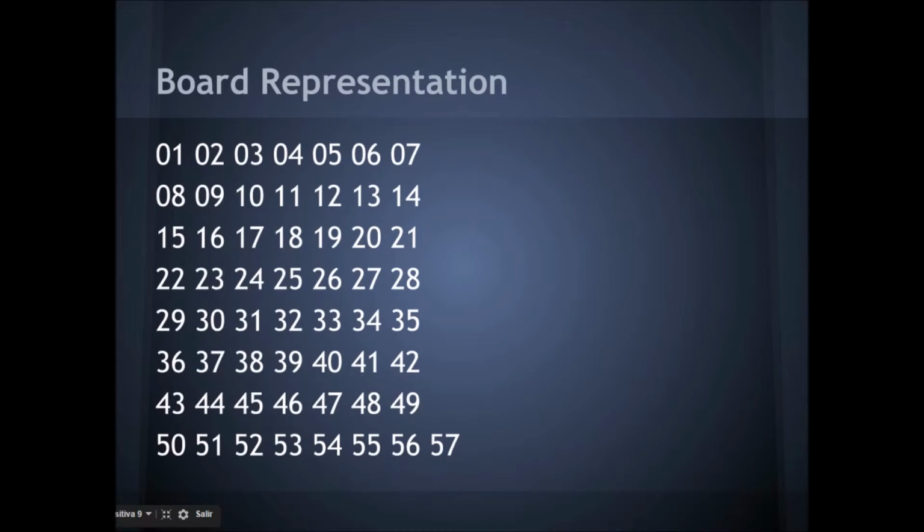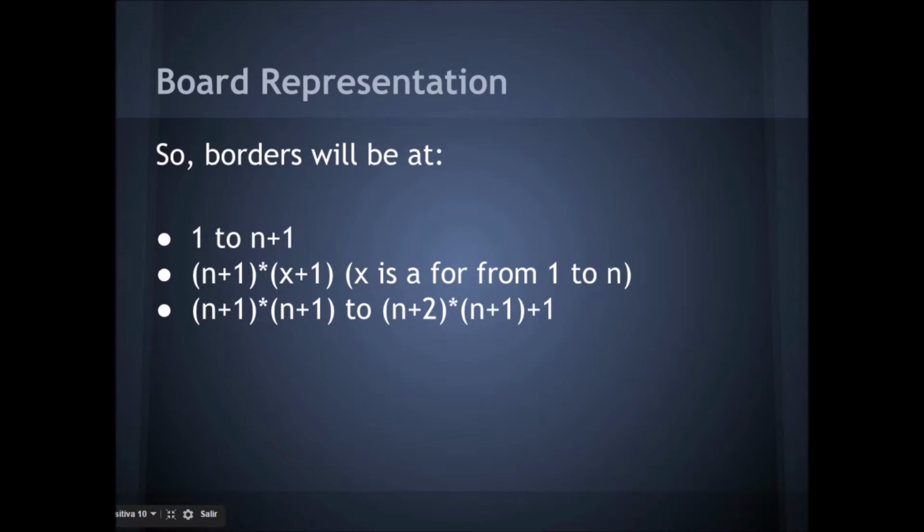So putting this in numbers, this is how it is going to be. Position 1, 2, 3, 4. Borders will be in these positions. This is just simple math. If you want, I can do the math for you in a comment. If you have any doubt, just please ask me and I will tell you how I get these numbers.